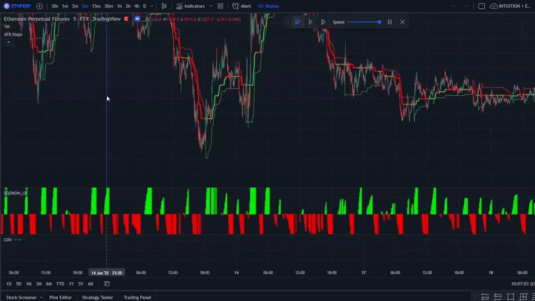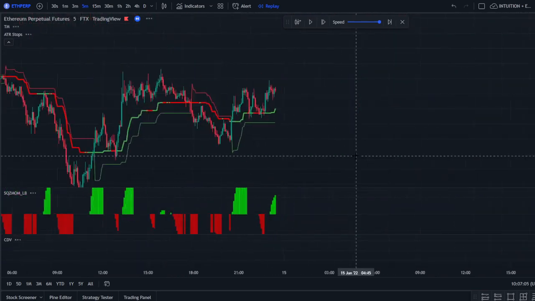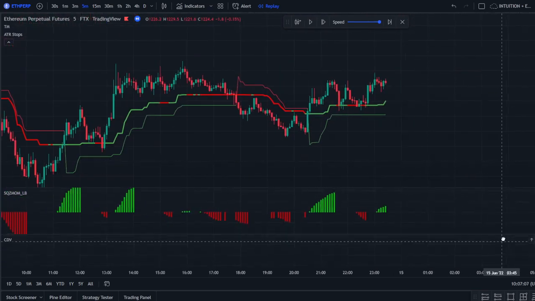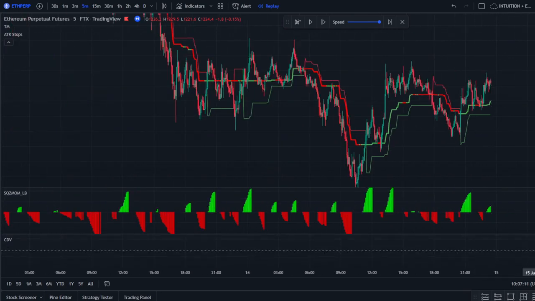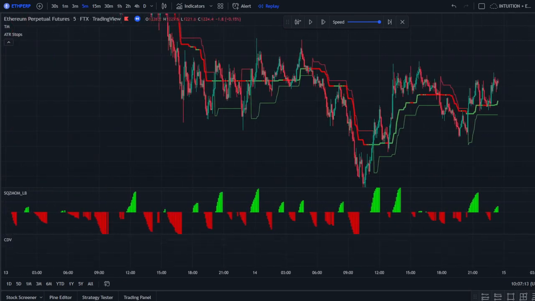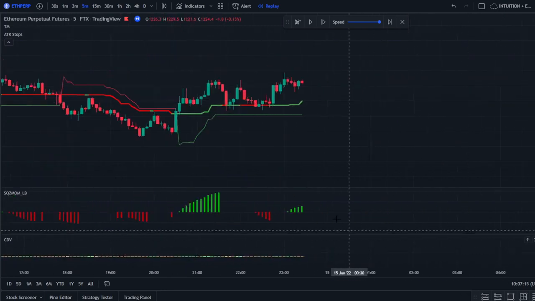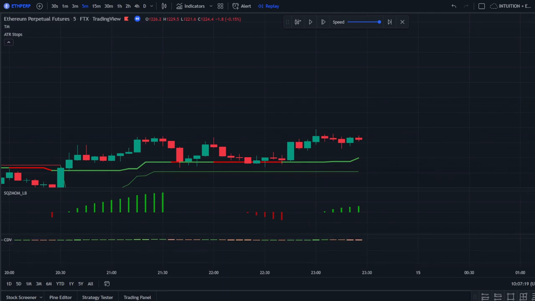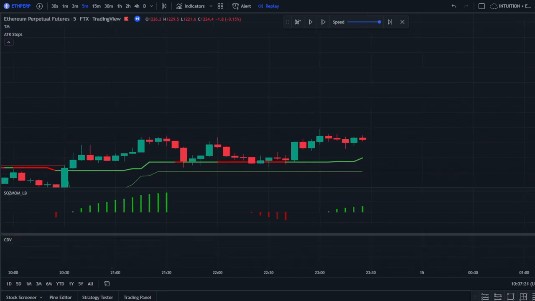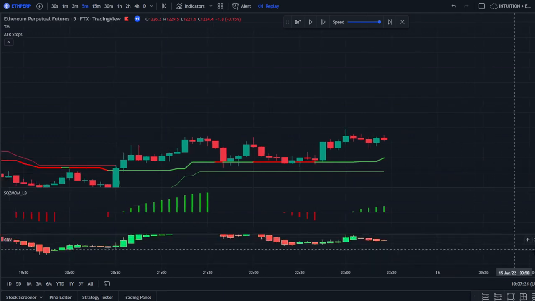So let me move back. Okay, so first we have to evaluate the market conditions. I'm trying to find my CDV indicator. We can see that we are currently in an uptrend because the trend magic is green in color.